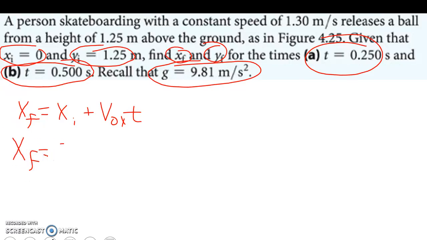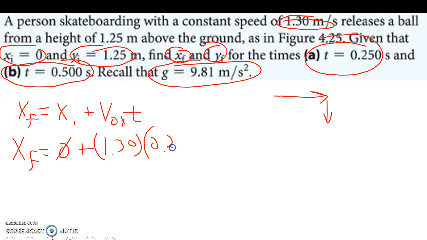My initial position in the x is 0. My initial velocity, so we're going this fast and we're dropping it straight down, okay? Which means my initial velocity in the x is going to be this 1.30. And I multiply it by the time of 0.250.